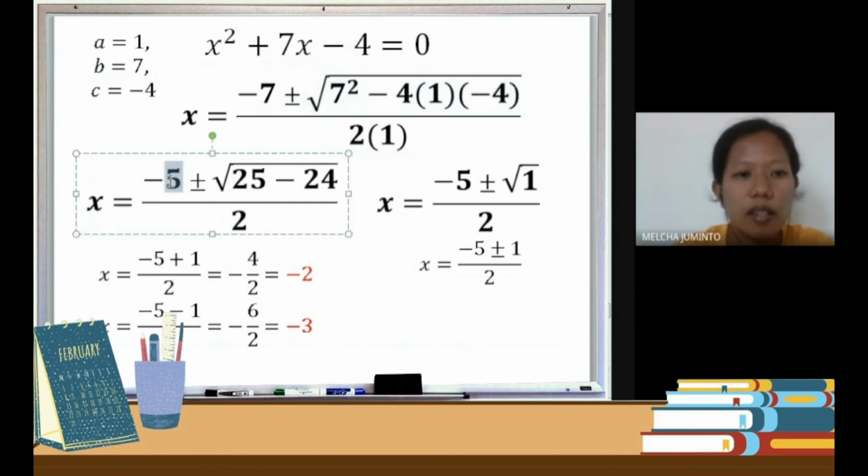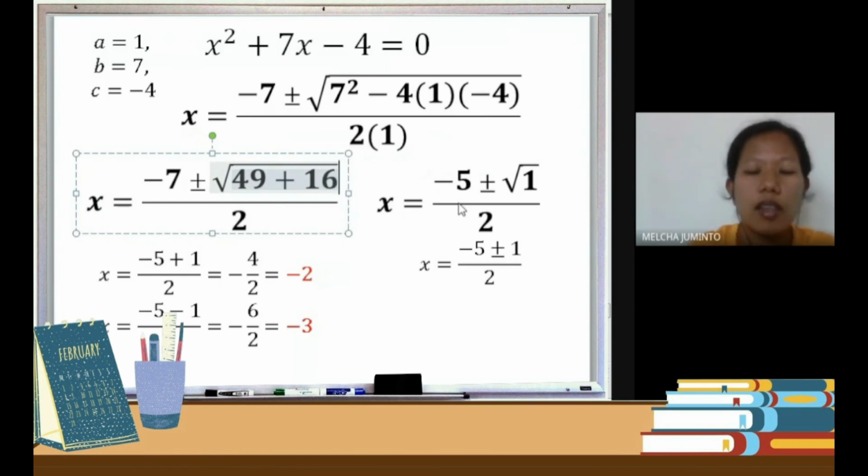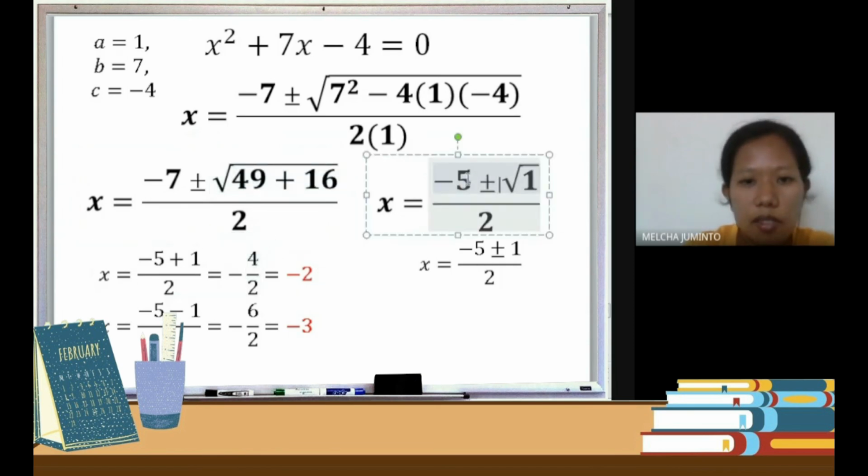Okay, next. Simplify. So we have here negative 7, and then square 7. 7 times 7, 49. And then we multiply negative 4 times 1, negative 4. Negative 4 times negative 4, positive 16. All over 2. And then simplify ulit. Negative 7. And then we add 49 plus 16.